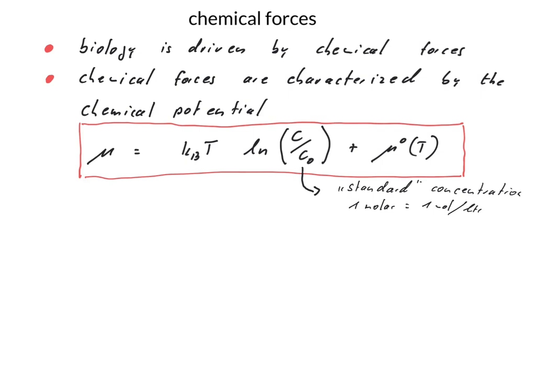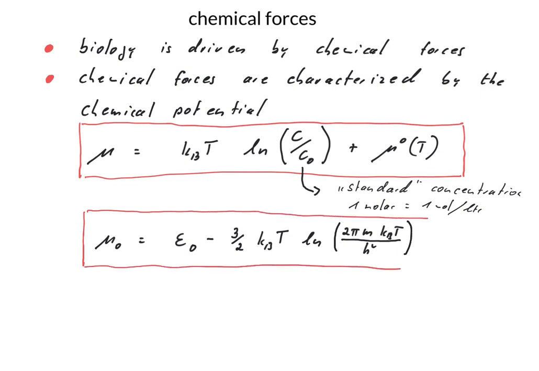Doing so, we obtain a properly defined chemical potential, and we have the definition of the standard chemical potential mu zero, given by epsilon naught, which is the energy in a chemical reaction, minus 3/2 kBT log of 2 pi m kBT divided by h squared.